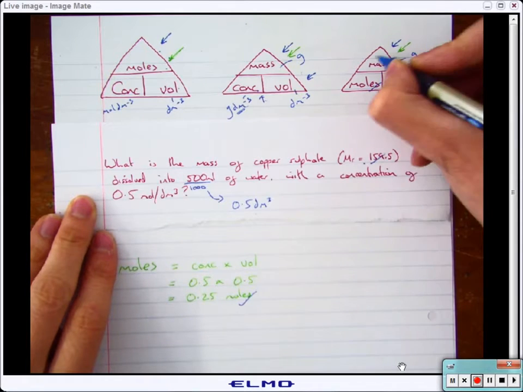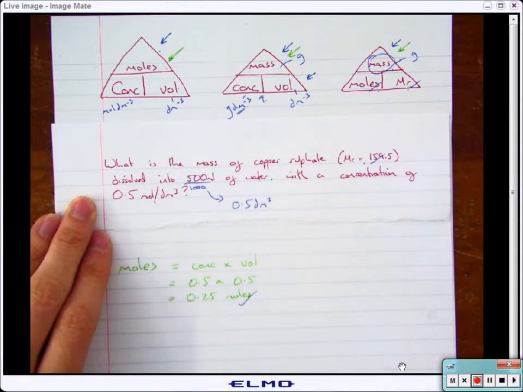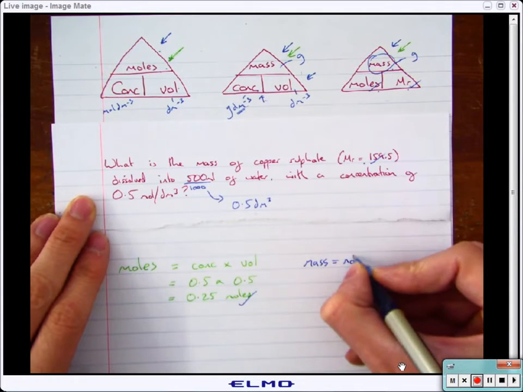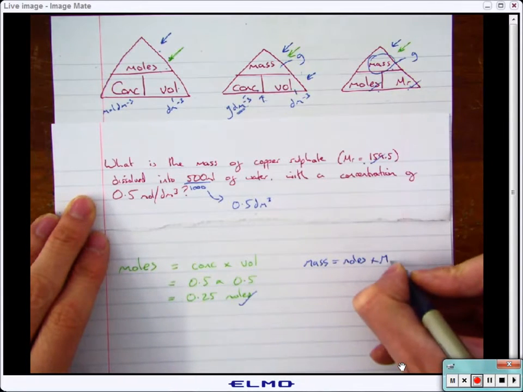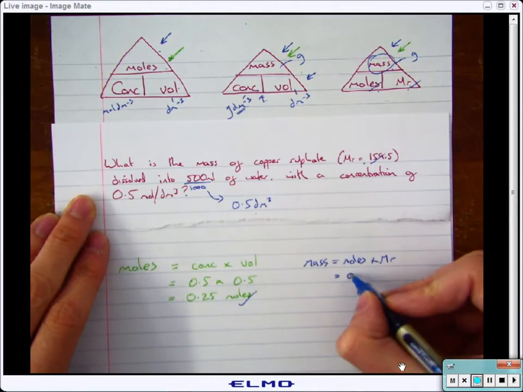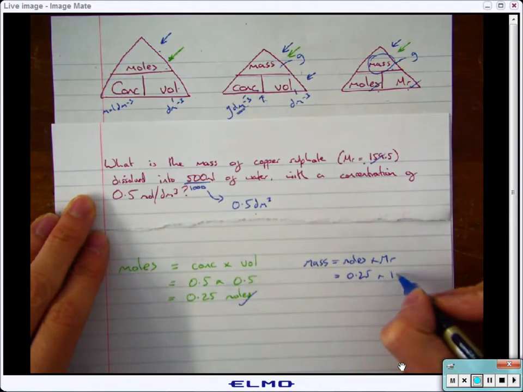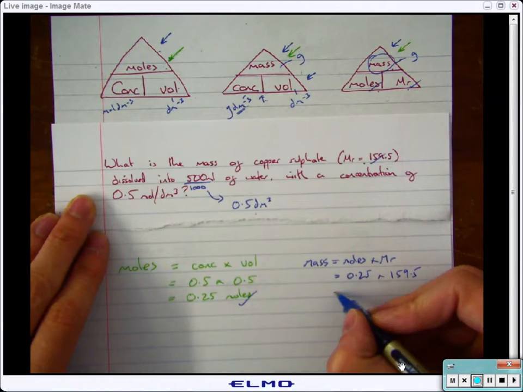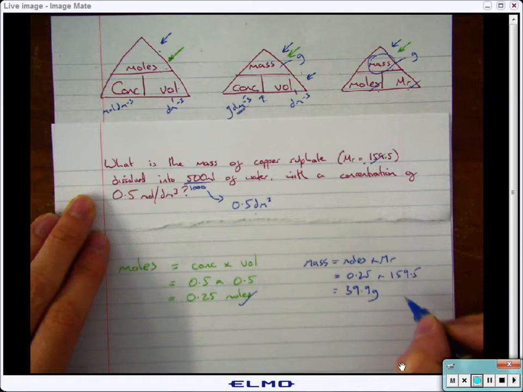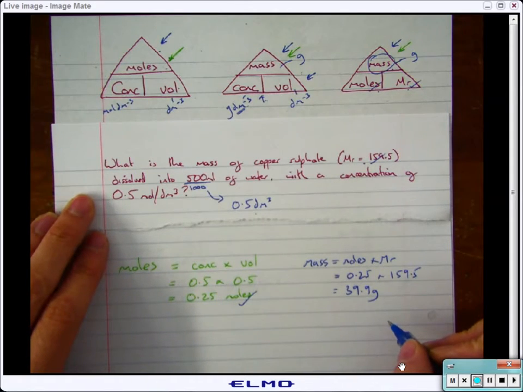Moles, formula mass, that's how I work out my mass. So mass is moles times my formula mass, which is 0.25 times by 159.5, which gives me 39.9 grams to the nearest 1 decimal place.